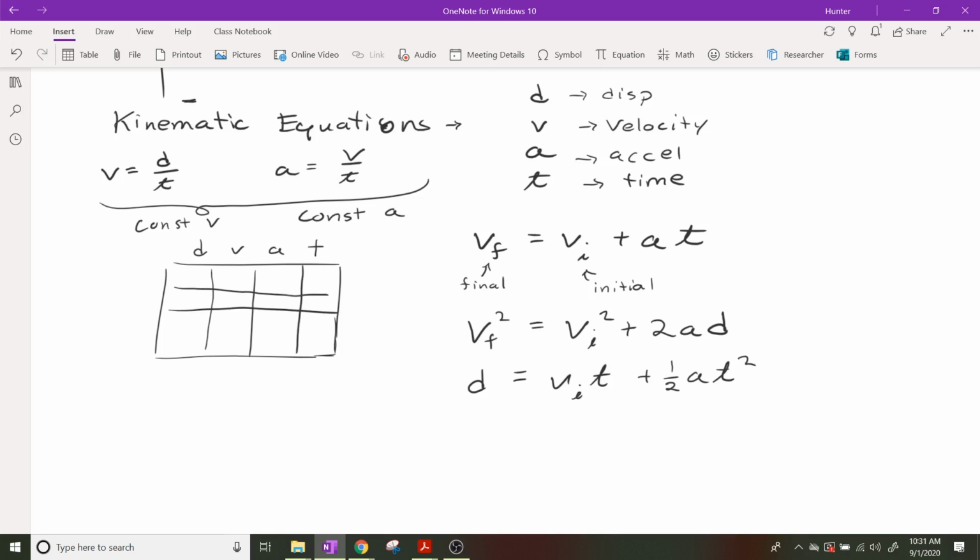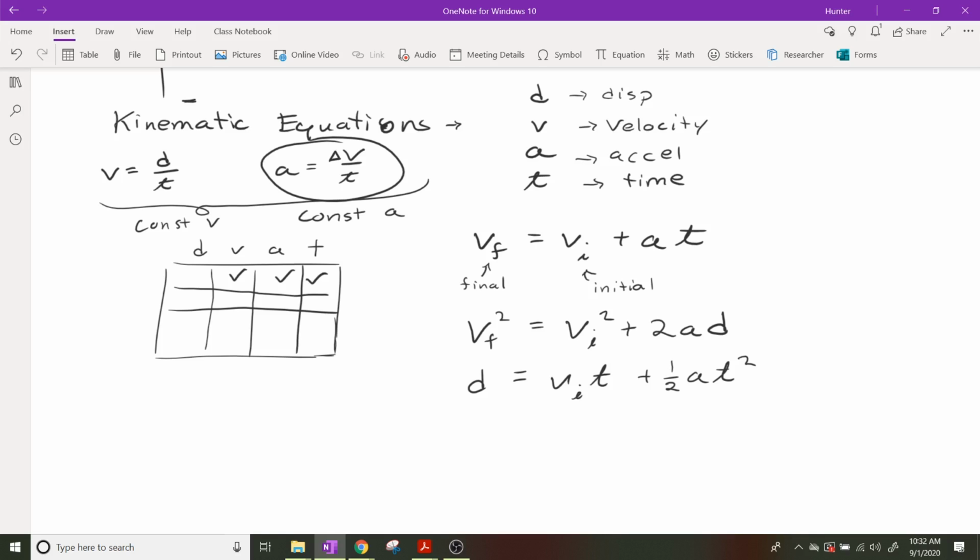So the first equation, check, check, check. It'll link velocity, acceleration, and time together. And honestly, this Vf equals Vi plus At is just a really clever way to rewrite the top one up here. Because if you change your velocity, that would be like a delta V, so that's Vf minus Vi.